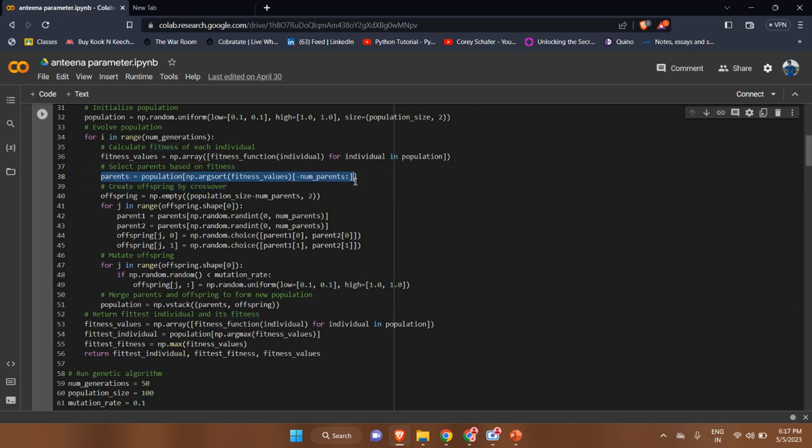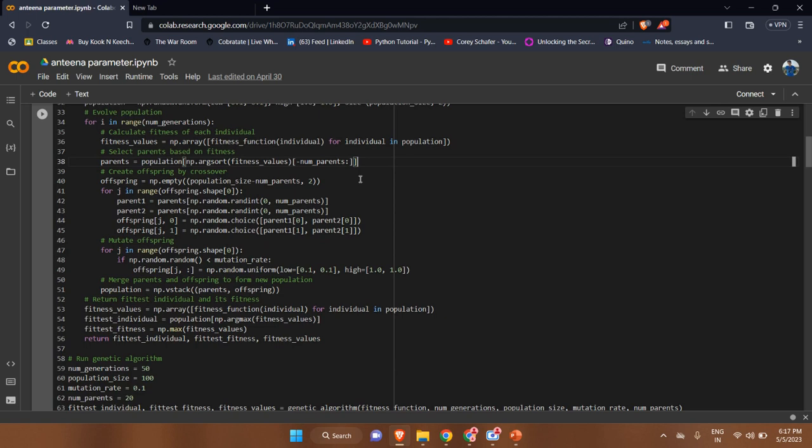This is the selection operator that selects the final values and sends them to the mating pool. And this is the crossover operation. In this operation, we take two parents randomly and do the crossover at a single point.